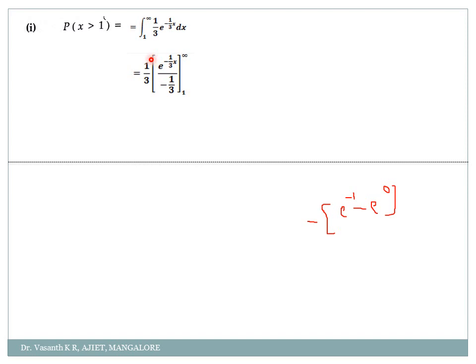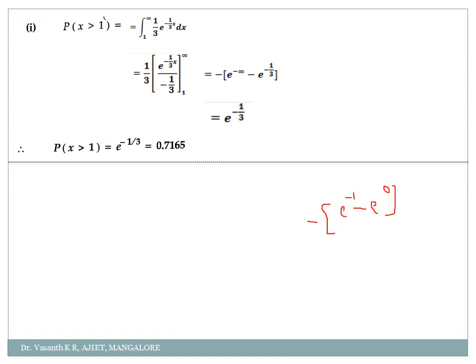Cancel 1 by 3 and 1 by 3 here, and I'll apply the limits. What is e power minus infinity? Remember my dear students, e power minus infinity is always 0. So this minus sign I'll keep outside, and e power minus infinity minus e power minus 1 by 3. So e power minus infinity is 0, so minus into minus is plus, so finally I'll get e power minus 1 by 3.